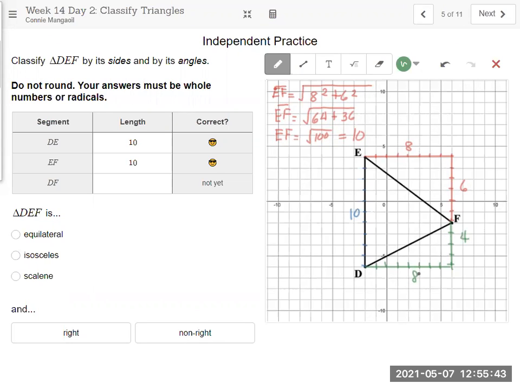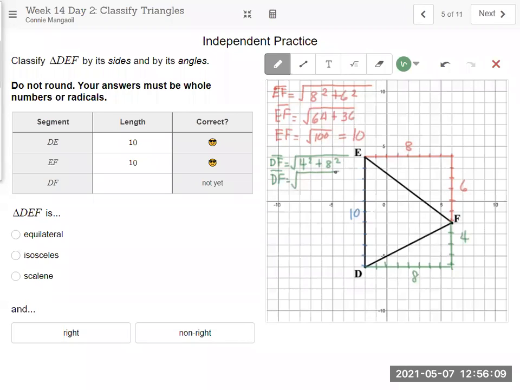Okay. So DF would be equal to the square root of, again, we have to square the sides. So 4 squared plus 8 squared, or 8 squared plus 4 squared.